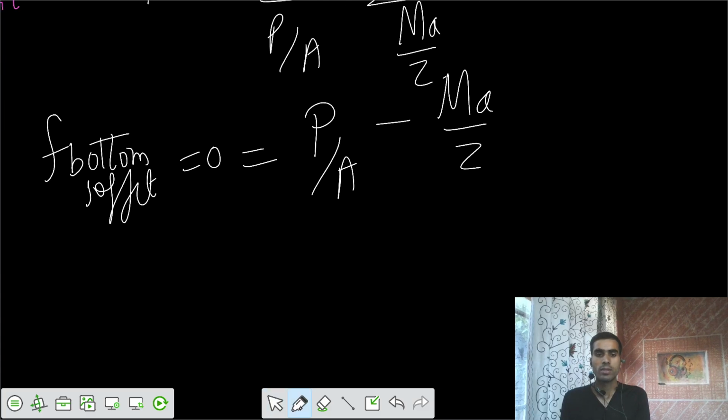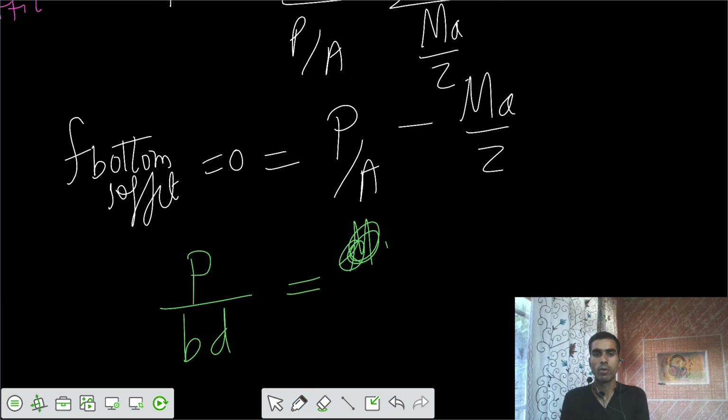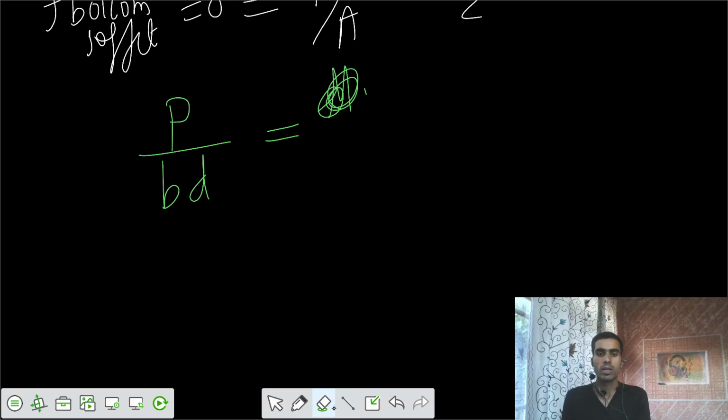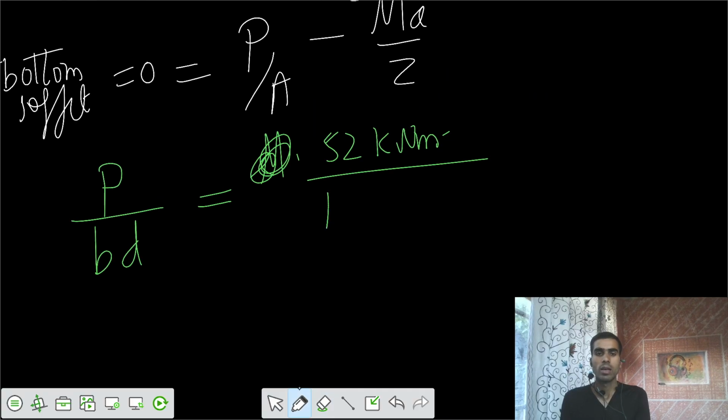So let's solve for the value of P. I don't know the value of P. That's what the problem is asking. I would say P by BD minus, that equals the moment. What was the moment value we have? Moment was 52 kilonewton meter. Let's solve that. 52 kilonewton meter divided by the section modulus Z, BD square by 6.